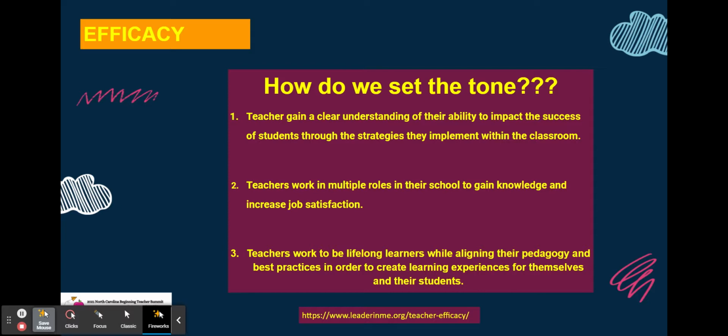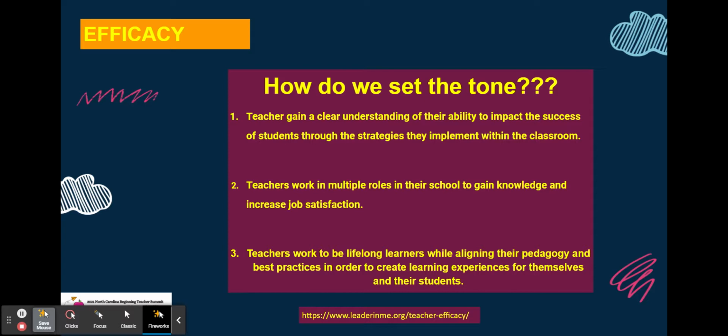Okay. Teachers gain a clear understanding of their ability to impact the success of students through the strategies they implement within the classroom. And I love Leader in Me, because this really employs us to be leaders in our classroom, which reverts back to standard one, where we are demonstrating the leadership, not just in our classroom, but in our schools.